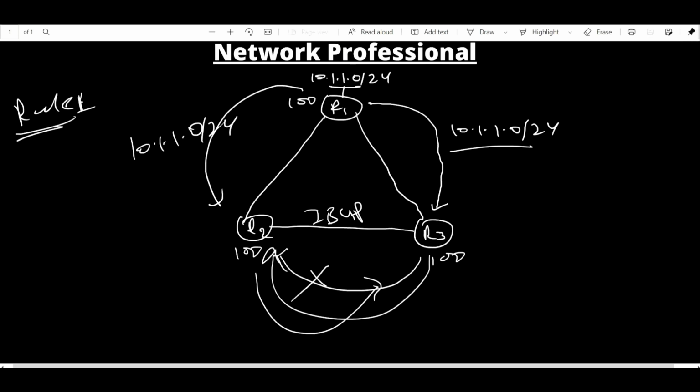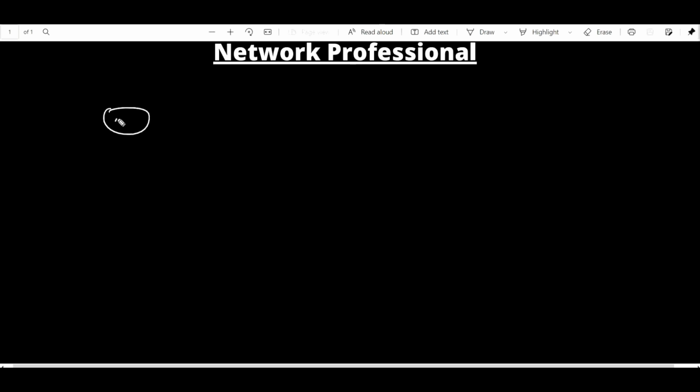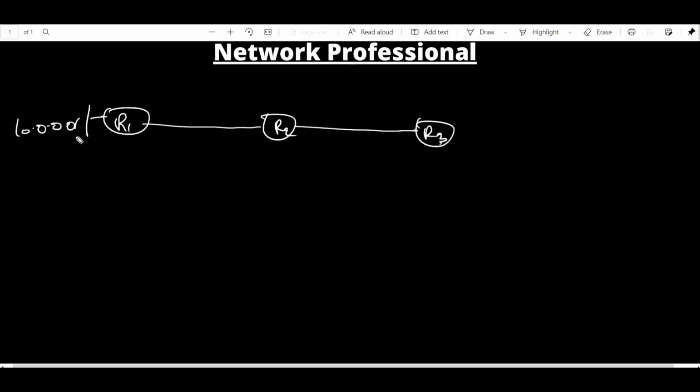Then you might be thinking, suppose we have three routers like this, R1, R2 and R3, and I am running network 10.0.0.0/8 over here, right? R1 will advertise this route to R2. If R2 will not advertise this prefix to R3, then how will communication happen, right?